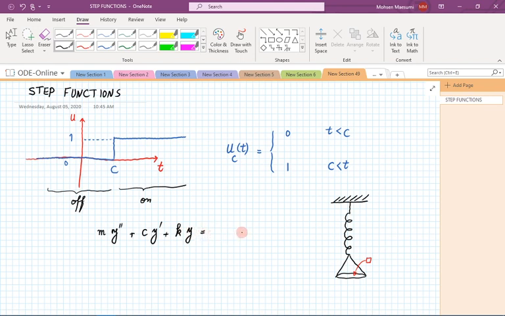Now the external force that we have in mind will be of this variety, that's going to have step functions in it, and is going to change abruptly from one value to another value. Very standard problem that comes up in circuits.